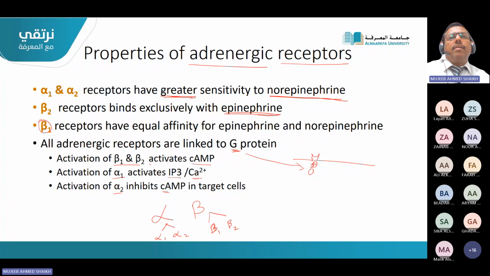Beta 1 and beta 2 activate cyclic AMP. This is a pathway, a mechanism by which they are activated. This is the example of how they are activated. There is a receptor inside the membrane or inside the cell, and there is some mechanism where they will convert ATP into cyclic AMP and then activation by some other protein. So this is the mechanism here.